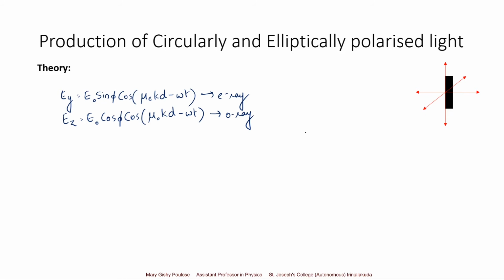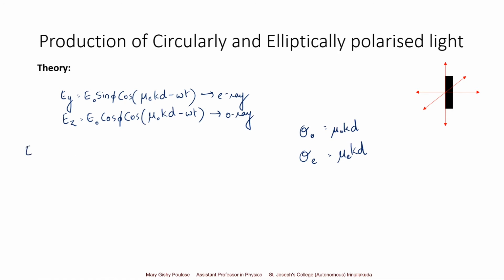Now here we take another substitution. Theta O is taken as mu O k d, and theta E is taken as mu E k d.